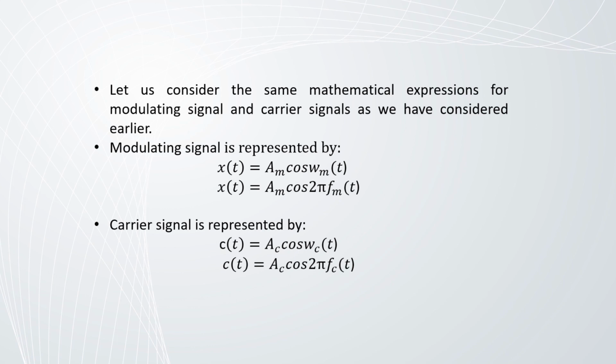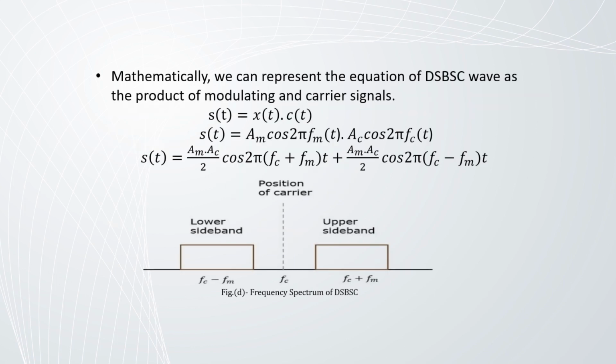Mathematically, we can represent the equation of DSB-SC wave as the product of modulating signal and the carrier signal. Therefore, the DSB-SC wave can be represented as S of t, equal to x of t into C of t. Now, substituting the values of x of t and C of t, the equation will be S of t equal to Am cos 2 pi fmt into Ac cos 2 pi fct.